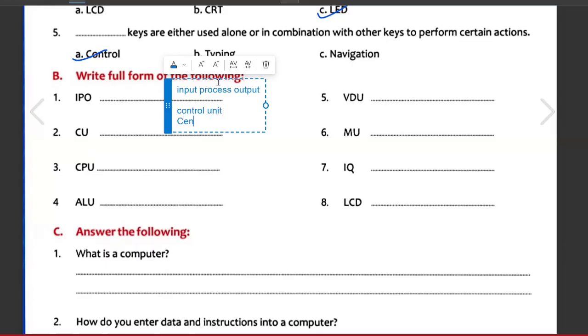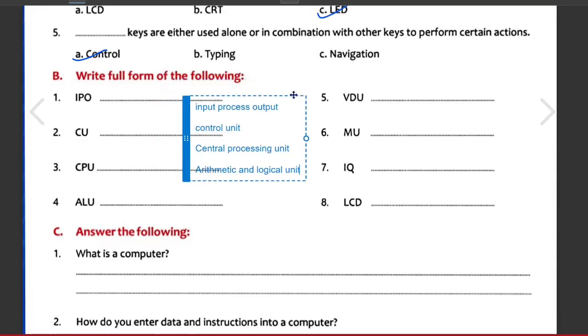Then CPU, central processing unit. Then next is our ALU. ALU will be arithmetic and logical unit. I'm just writing it over here.